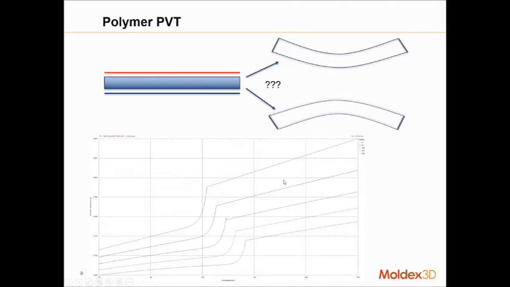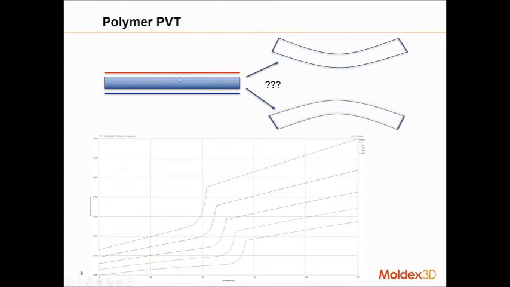So PVT, or the PVT relationship in general, is quite a complicated curve that isn't very straightforward. So I actually want to go through a little bit of an exercise here and show you guys exactly what our PVT does and how we use this PVT to correctly predict the trends and magnitude of warpage.